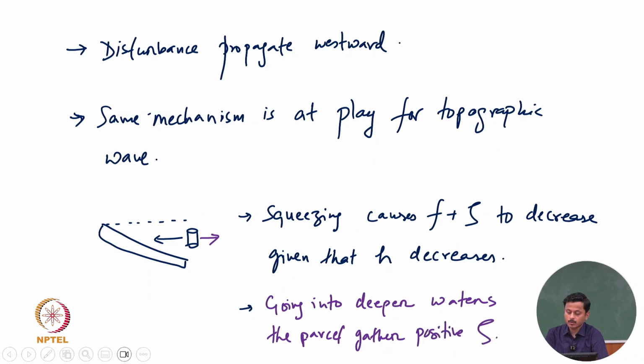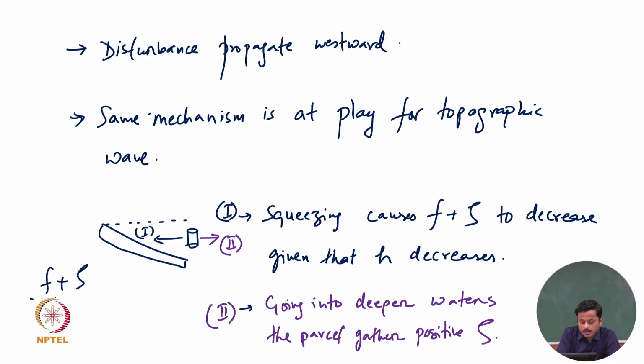Okay, let's go over this again. This is situation 2 and this is situation 1. Squeezing the particle will decrease H, and F plus zeta, the numerator, should also decrease, because F plus zeta by H has to be constant.